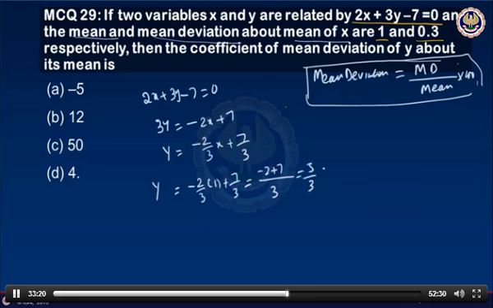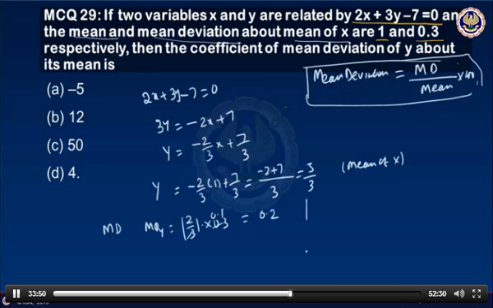Now this is the mean of y. Now we have to find the mean deviation of y. The mean deviation of x is given, and we have to find the mean deviation of y. This is the modulus of 2 by 3 into 0.3, which is equal to 0.2.